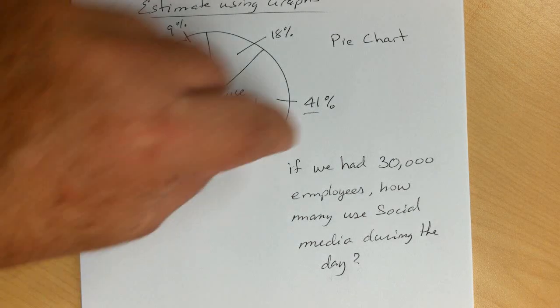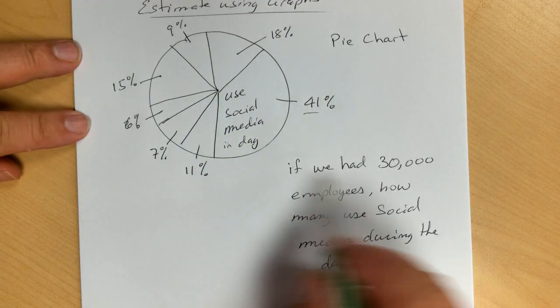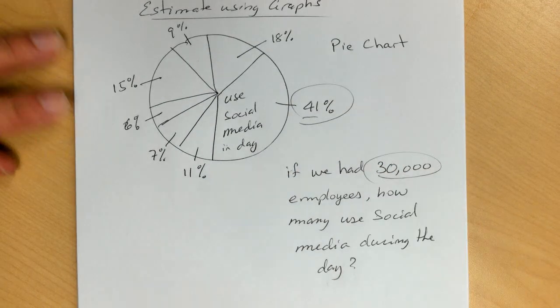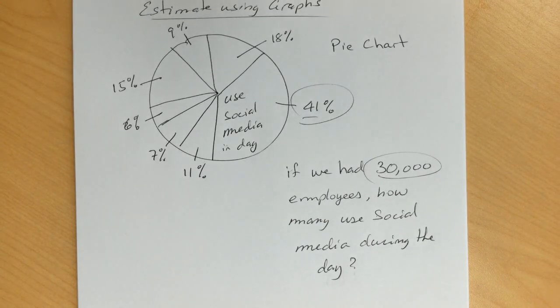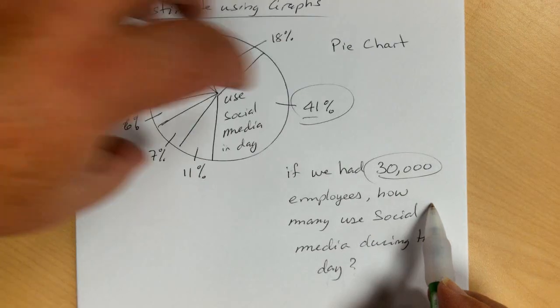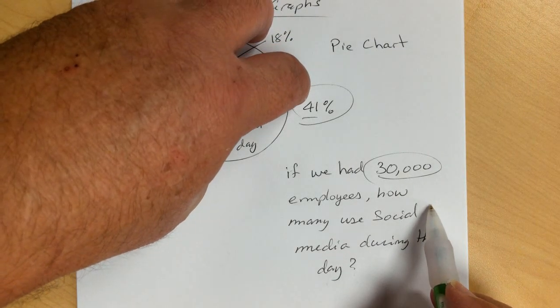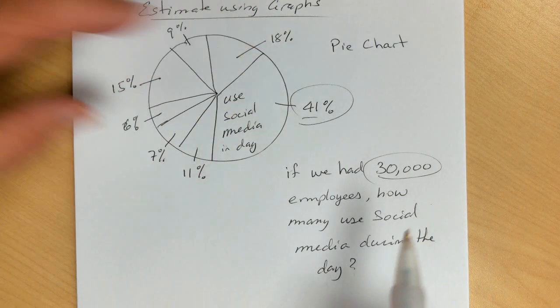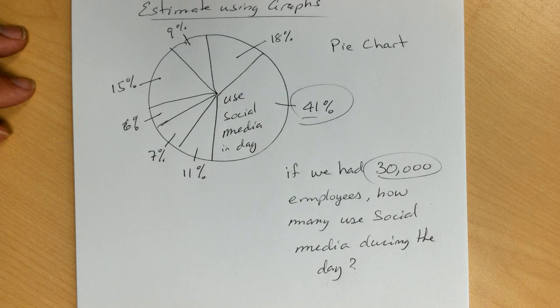So how do we find this number with this information? Remember, if we had 30,000 employees, I want to know, after this data set was collected, this is what we found out. So how many of our employees are using social media?